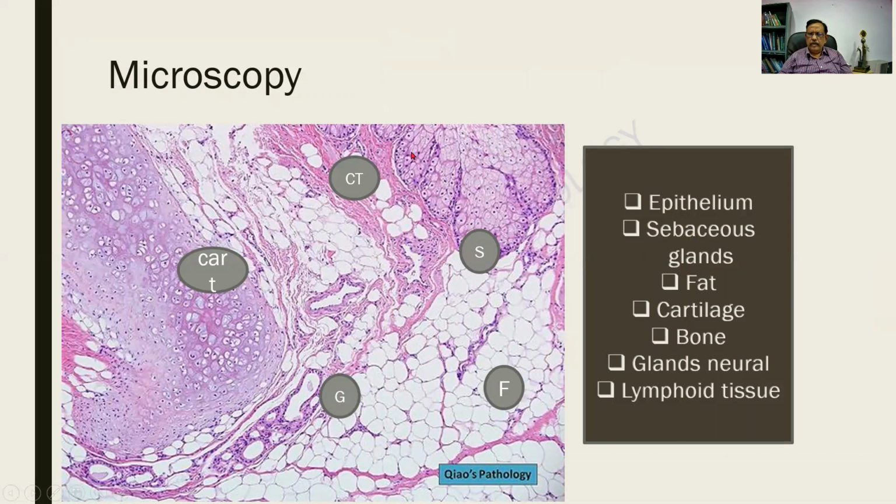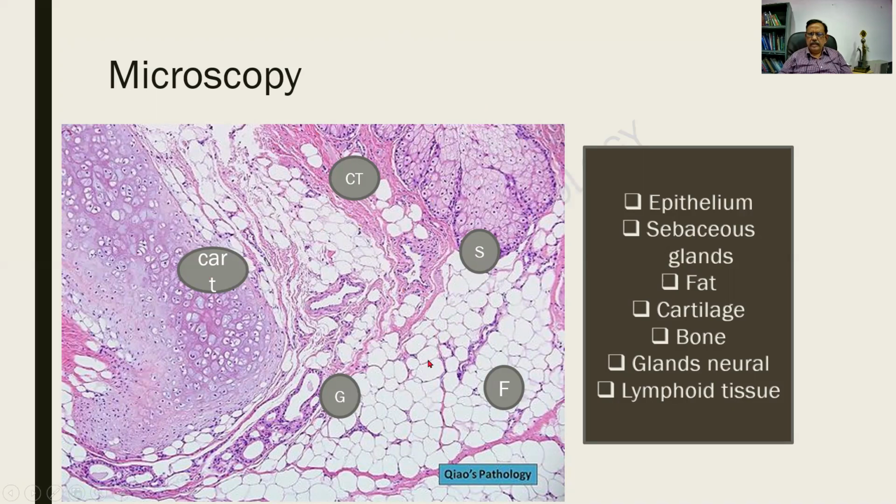In the microscopy of a teratoma, I find that there is an assorted pattern of tissue. There will be representations from the ectoderm, endoderm, and mesoderm. In this particular slide, I am finding the cartilage. There is a connective tissue, maybe collagen and smooth muscle, areas of sebaceous cells.